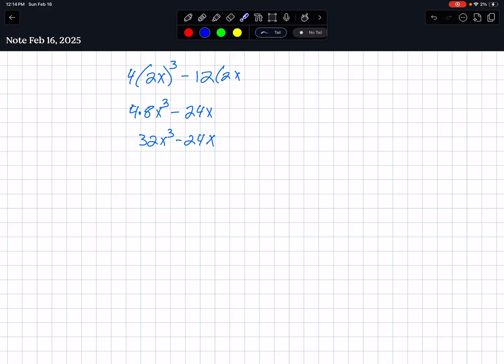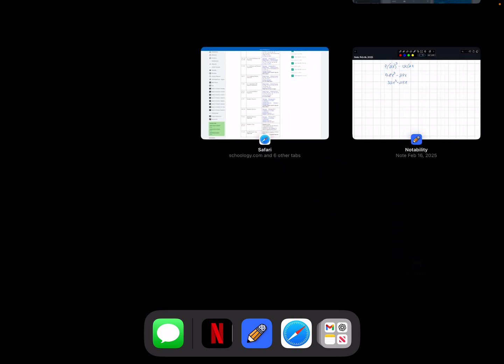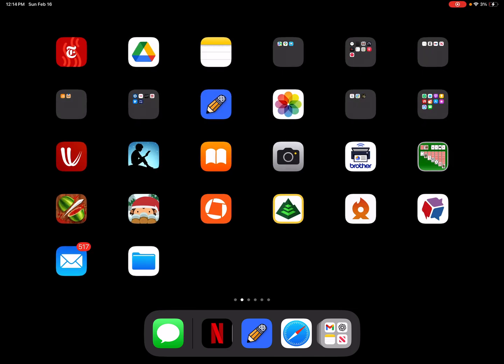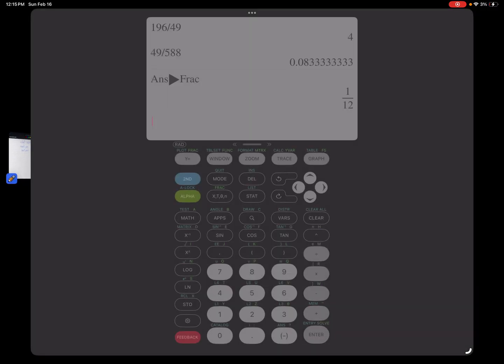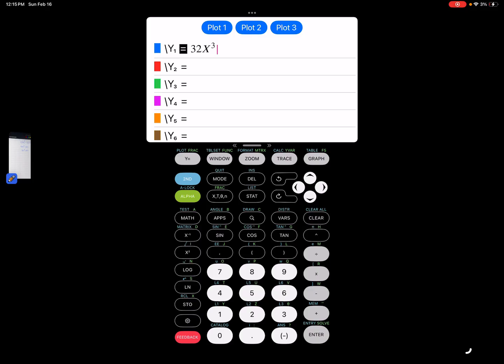That's a very common mistake because you're like, I did it, but then you forget to write that. And we can throw this in the old graphing calculator. 32x cubed minus 24x.